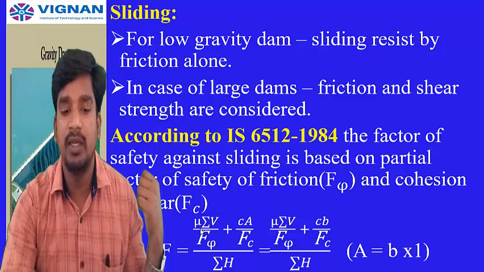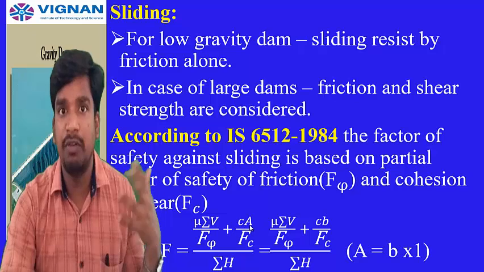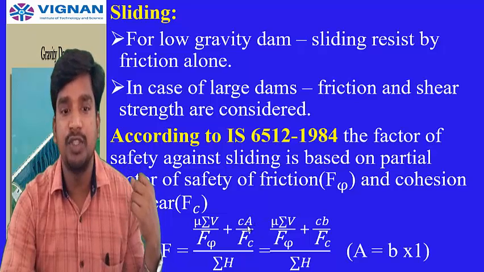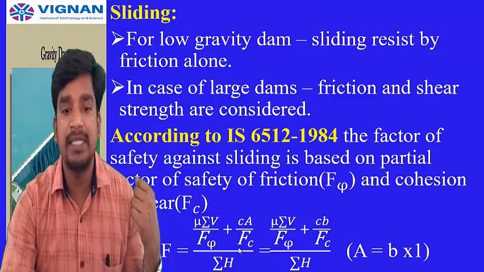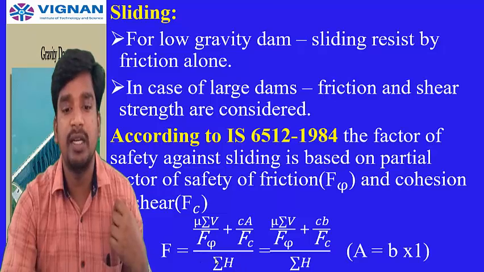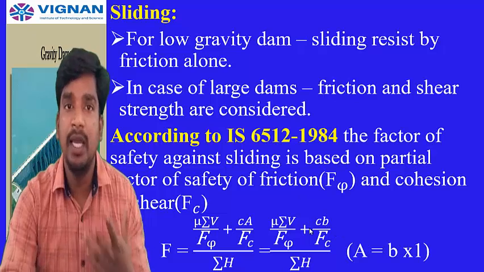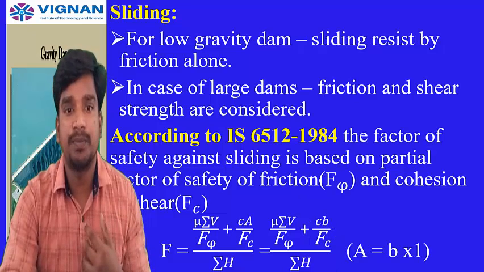C is the cohesion, and A indicates the area of the joint that we are considering, and FC indicates the shear or cohesion factor of safety. This is divided by summation H. Here A is nothing but B into 1, so B is substituted here, CB by FC. So this is the revised formula as per the 1984 code.